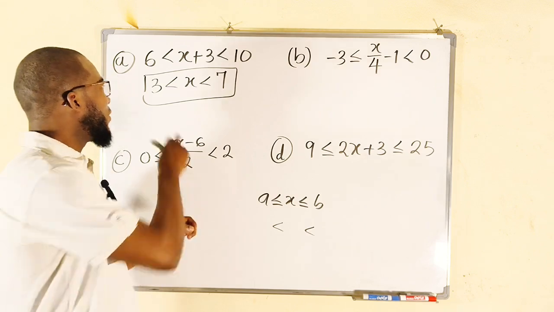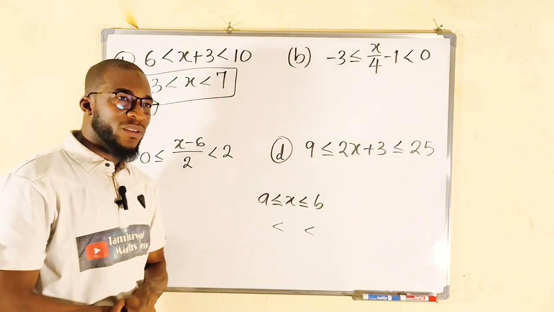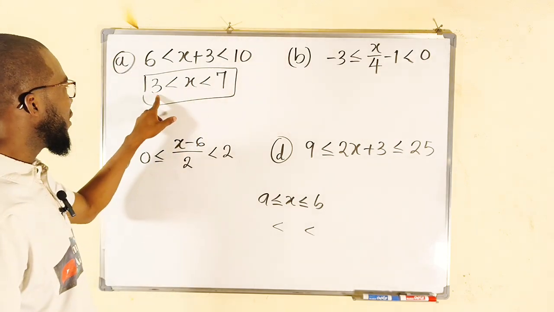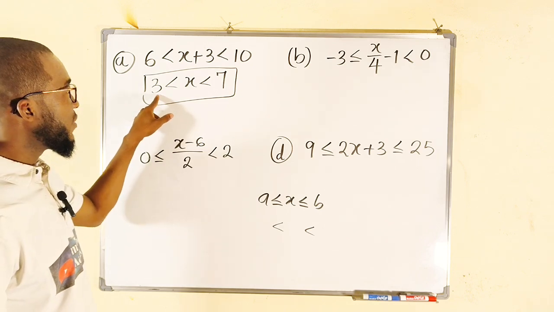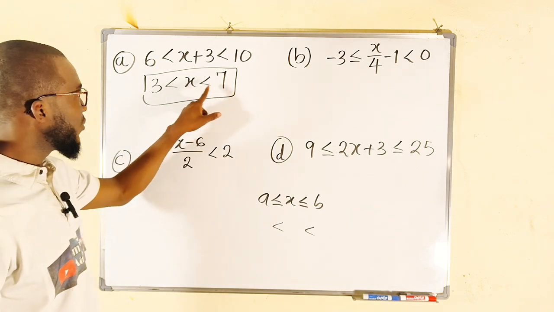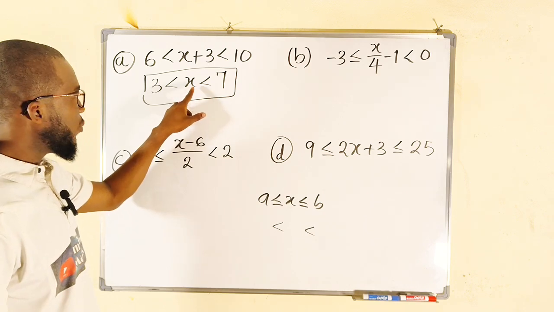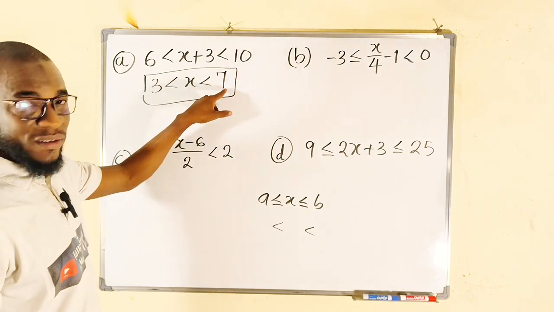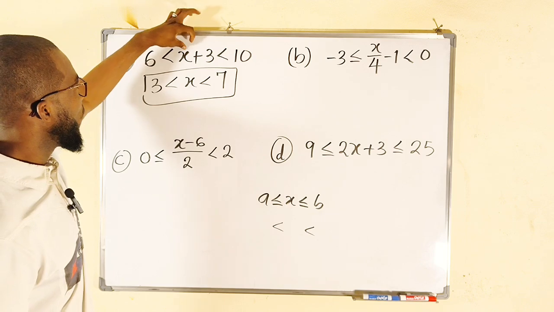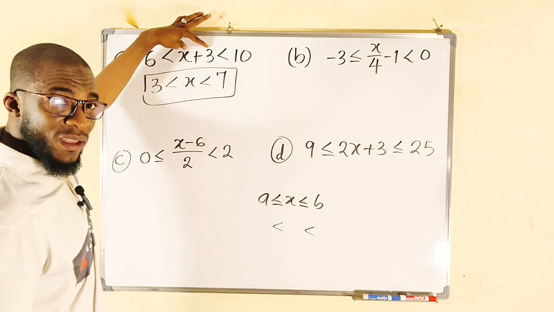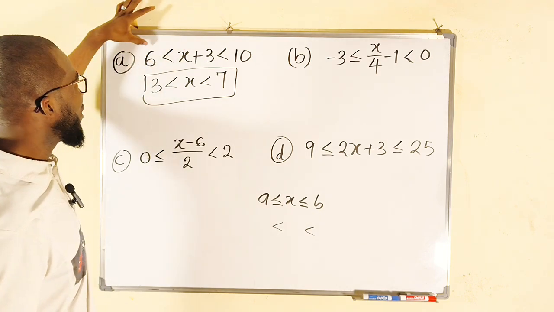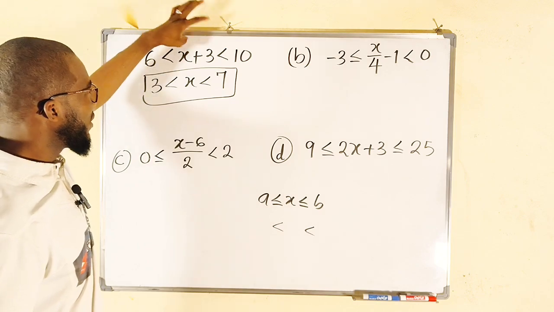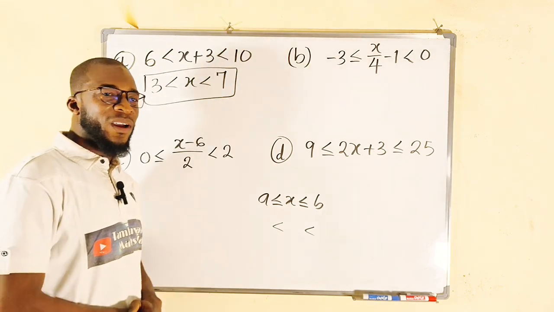Let's pick a number between this range and test it to see whether it satisfies. A number greater than 3, it could be 4, because we know that 4 is less than 7. So if we choose x to be 4, we know 4 is greater than 3 and less than 7. So let's test it here. 4 plus 3 is definitely 7, and we know that 7 is greater than 6, but 7 is less than 10, so it's satisfied.